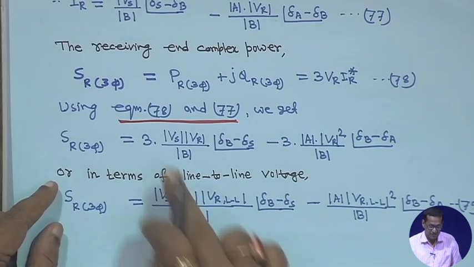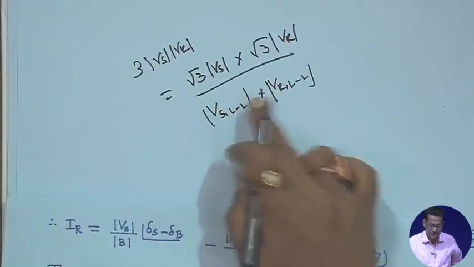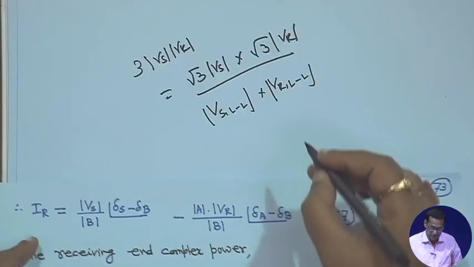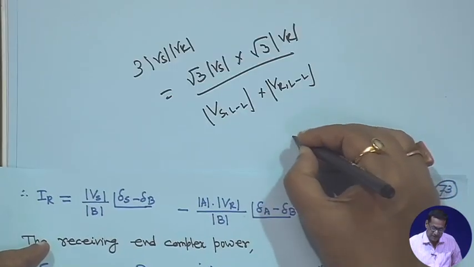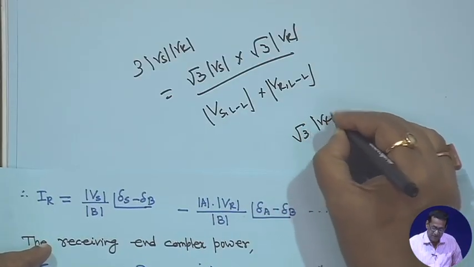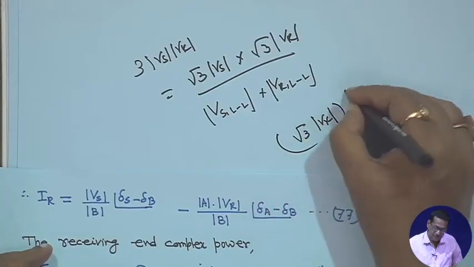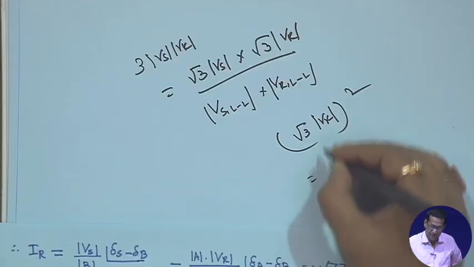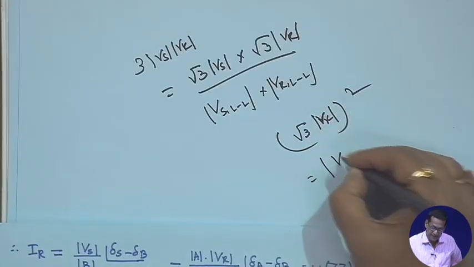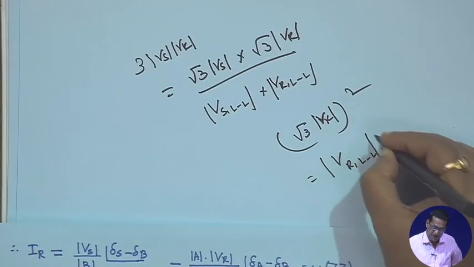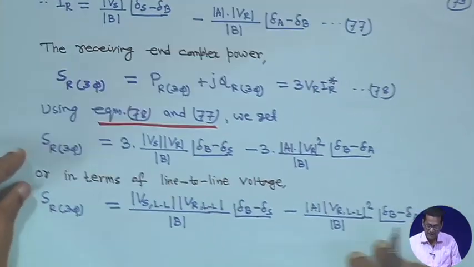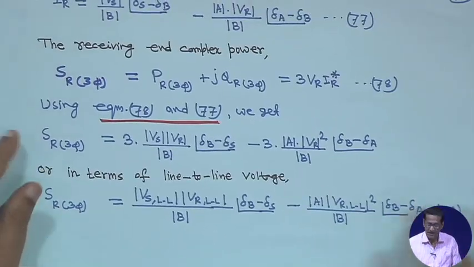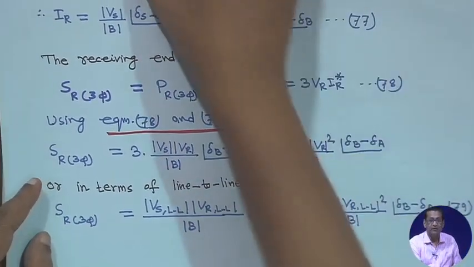Similarly, for 3 A Vr square, this can be written as root 3 Vr square, because the 3 is taken inside the bracket. So basically this can be written as Vr line to line square upon mod B angle (delta B minus delta A). We will come back soon. Thank you.